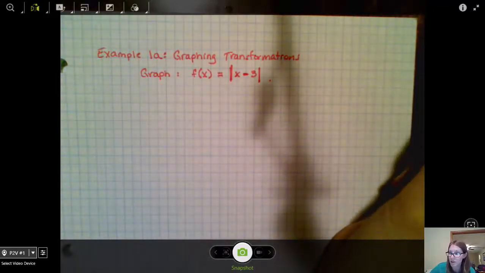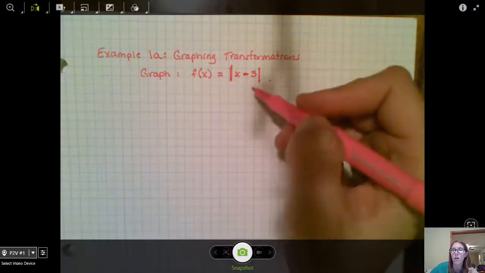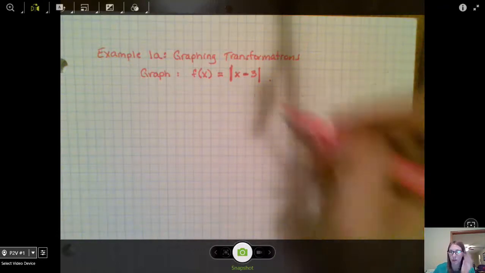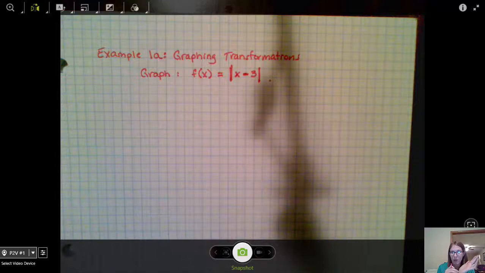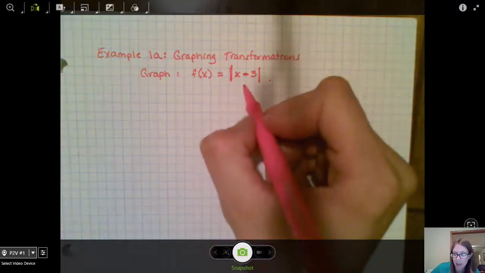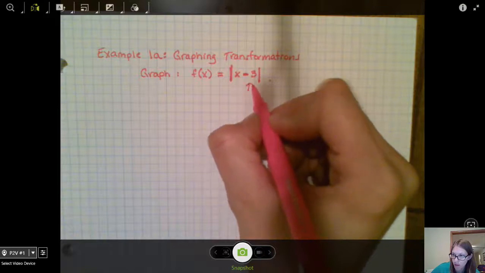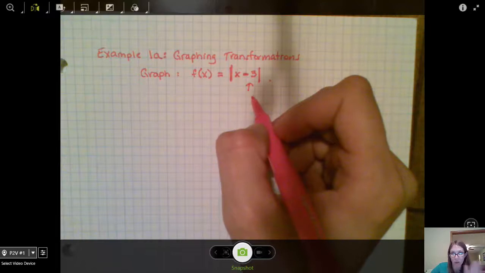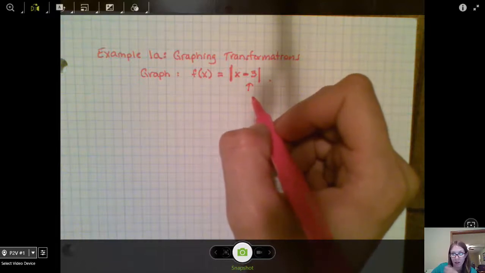All right, first of all, let's think about what this parent function is going to look like. It's absolute value, so it's that V shape with the bottom of the V at the origin 0, 0. Now this minus 3, it's on the inside. The inside means it's going to affect our graph horizontally.